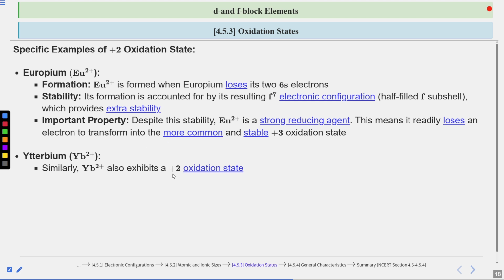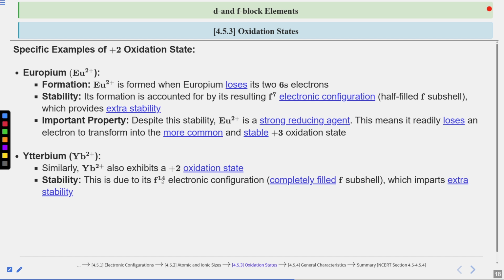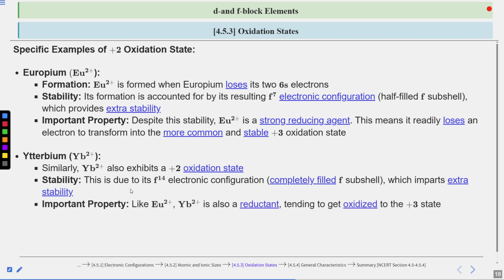Similarly, Yb2+ exhibits the +2 oxidation state due to the f14 electronic configuration, a completely filled f subshell, which provides extra stability. Like europium, Yb2+ is also a reductant, tending to get oxidized to the +3 state, which is the common and stable oxidation state in the lanthanoids.